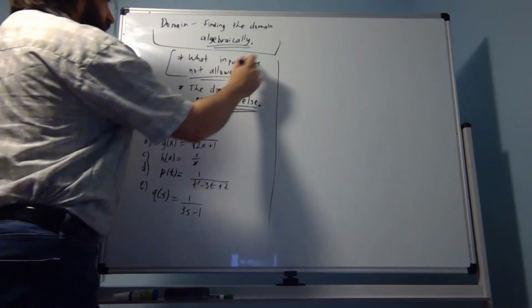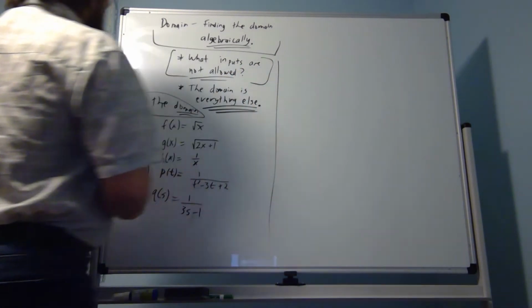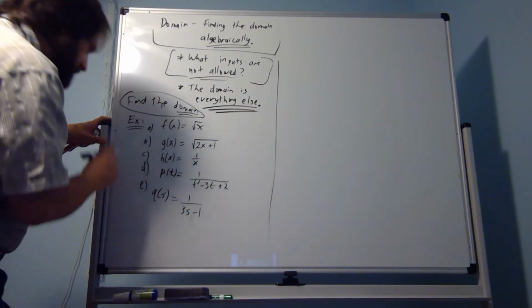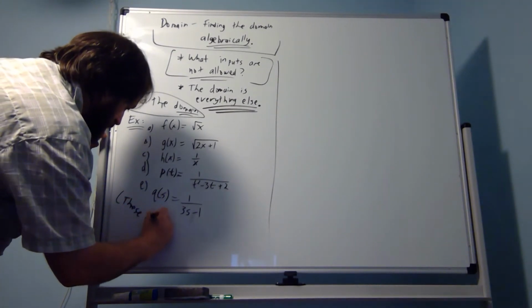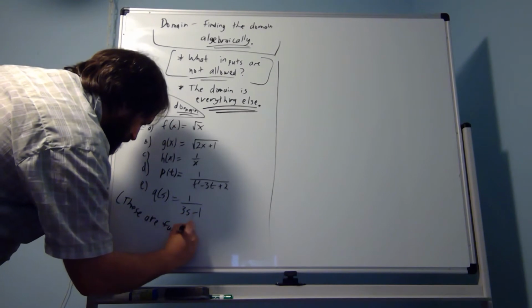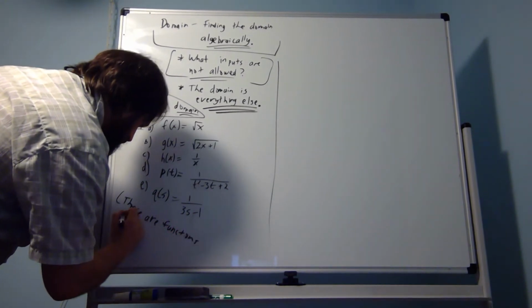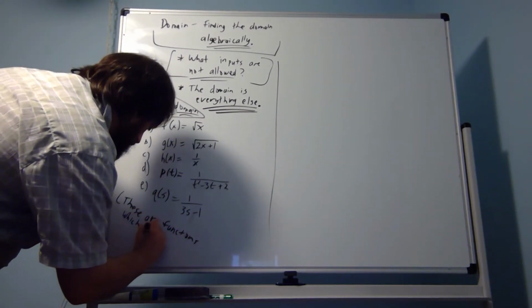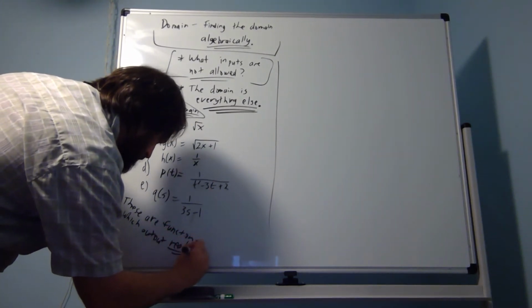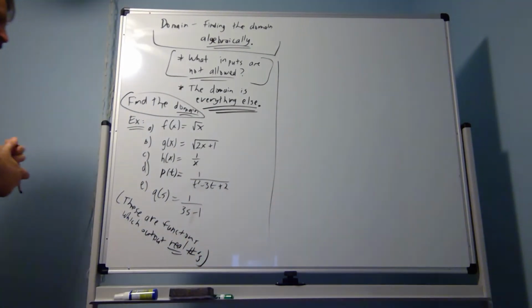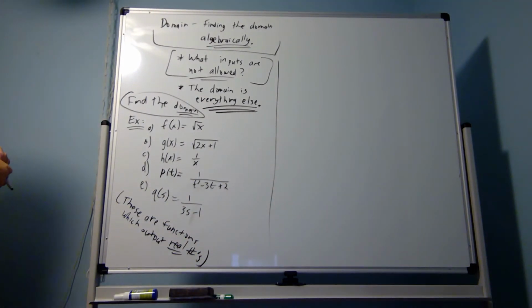So what inputs are not allowed? For now, we're going to interpret all of these as being functions which you input a real number and the output must also be a real number.